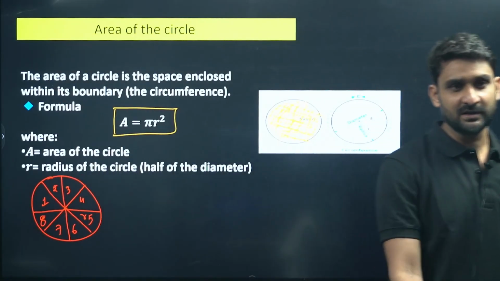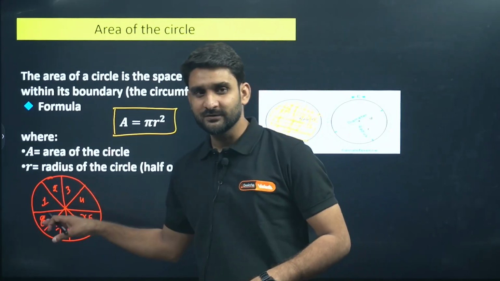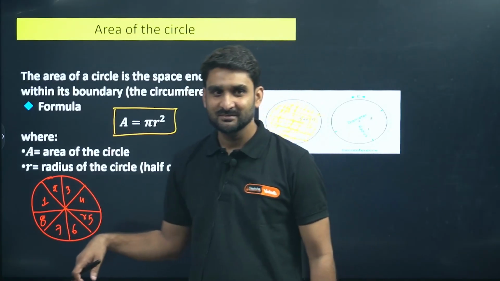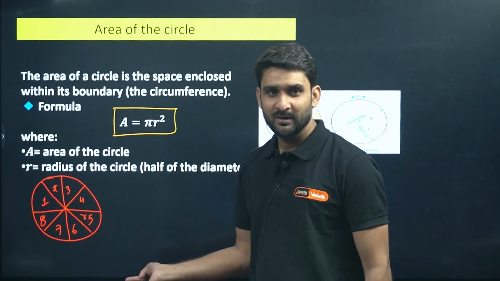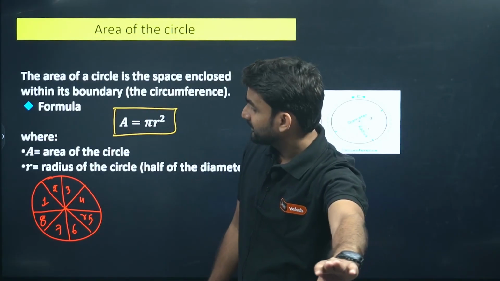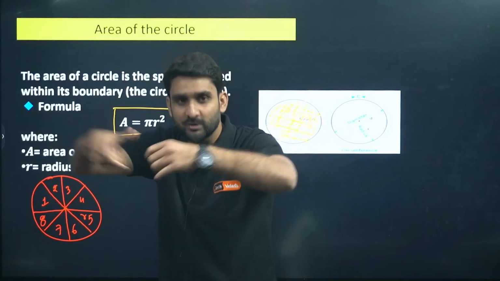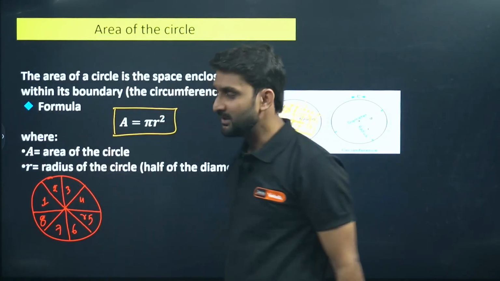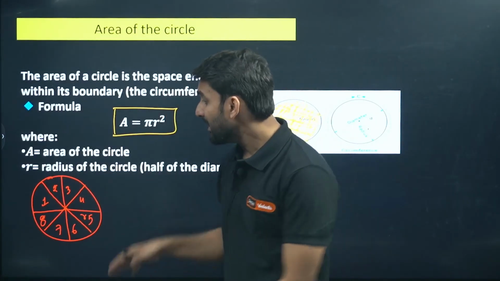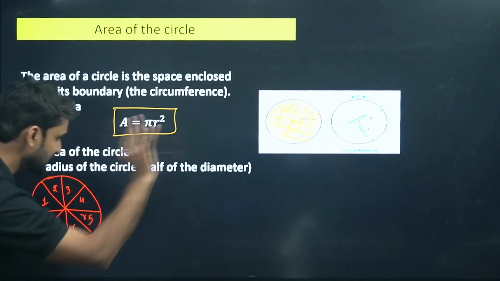I divided the circle into 8 parts, and I want to arrange these parts. Let's say this is a pizza, and I made 8 slices. I'm taking each and every slice out, and I'm arranging these slices like this. Look how I'm arranging them.